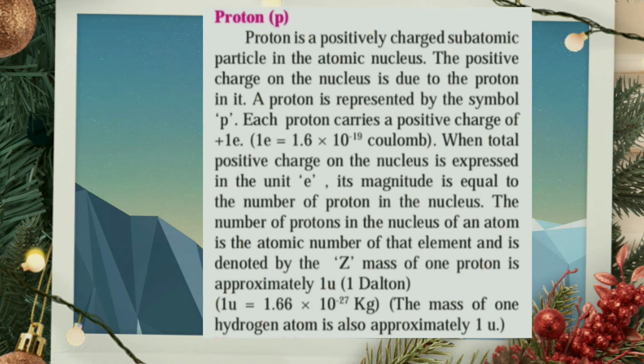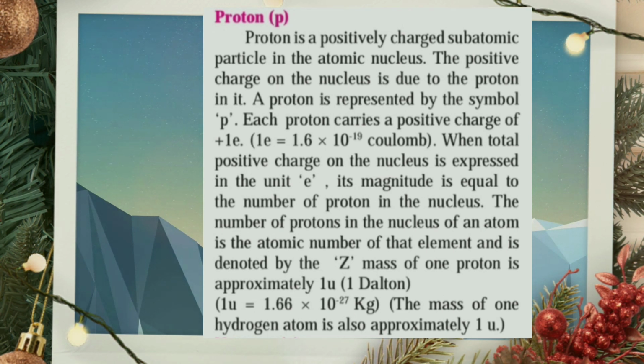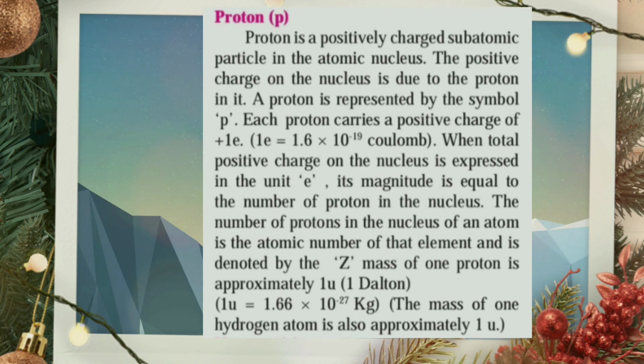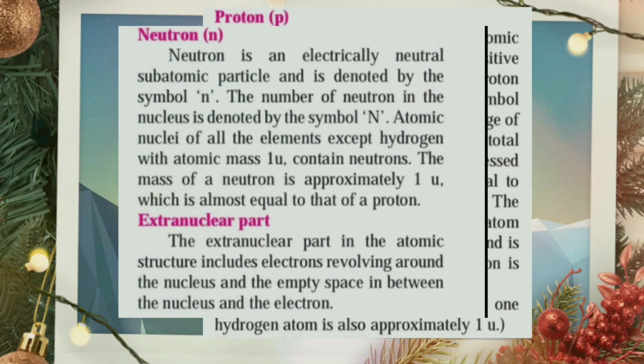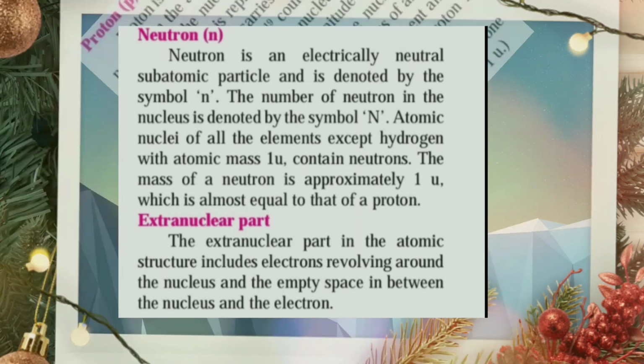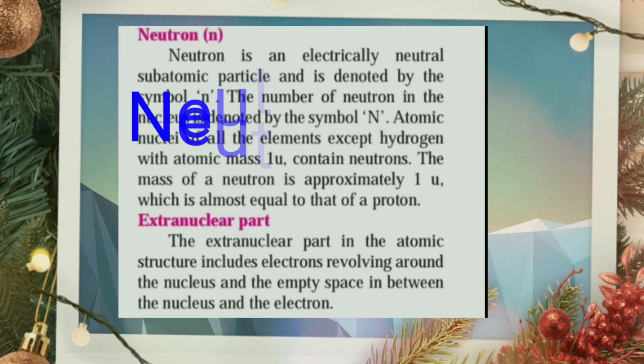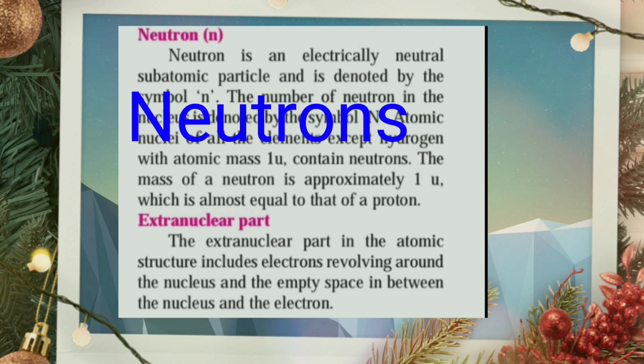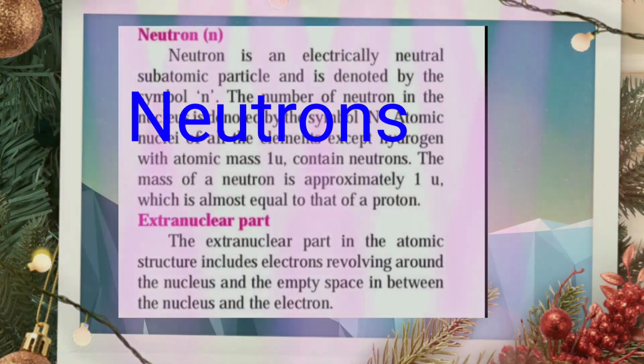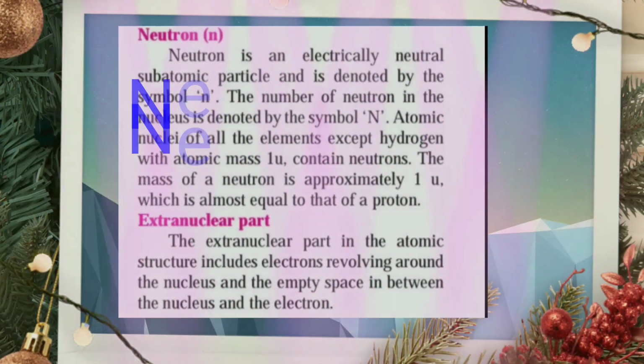The number of protons in the nucleus of an atom is the atomic number of that element and it is denoted by Z. Mass of one proton is approximately 1 u, that is 1 Dalton. Let us move towards neutrons. Neutron is an electrically neutral subatomic particle and it is denoted by the symbol n.